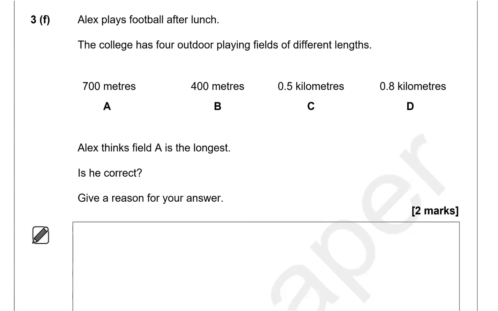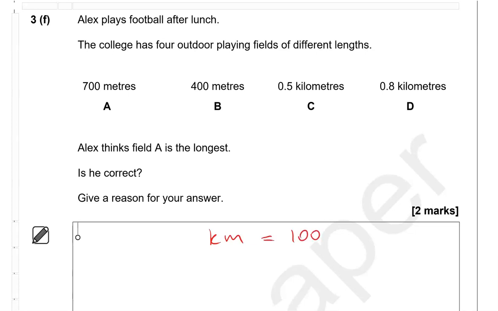The first thing to start with is that in 1 kilometer there are 1,000 meters. km. The clue is in the word. K stands for 1,000. So in a kilometer there are 1,000 meters.